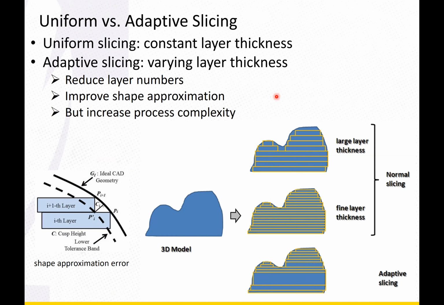You just use the light source to cure the liquid polymers. So do you think it's possible to execute the adaptive slicing on the SLA process? What could be the problems or challenges for the SLA?